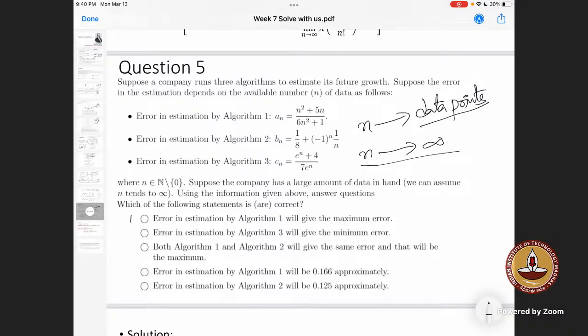Treat these as options 1, 2, 3, 4, 5. Whatever the correct options you are getting, comment in the chat box.